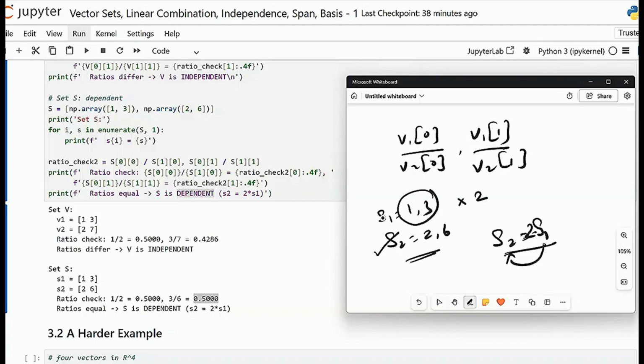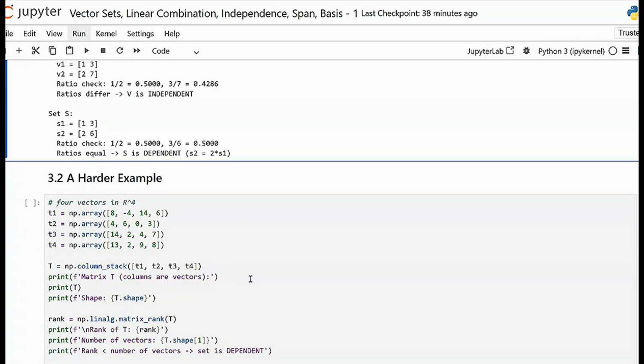Dear friends, independent vectors point in genuinely different directions; they are not collinear. Dependent vectors are collinear, so they lie on the same line through the origin. Let us discuss one more with a harder example.